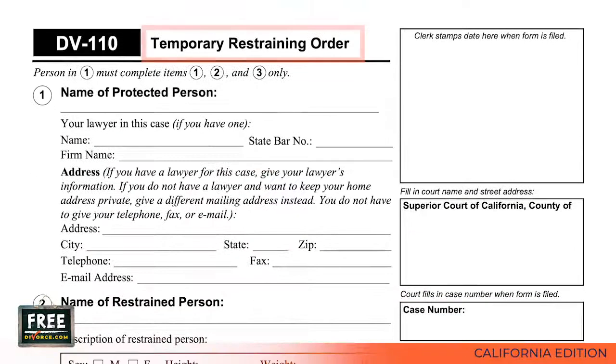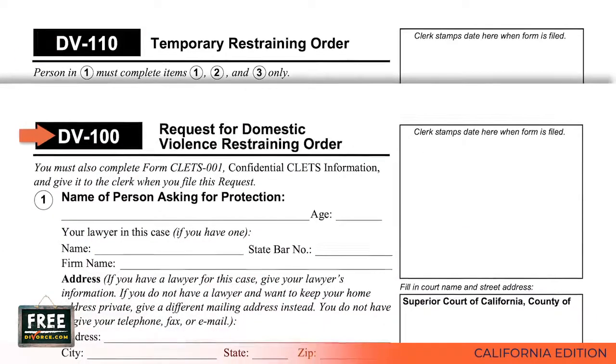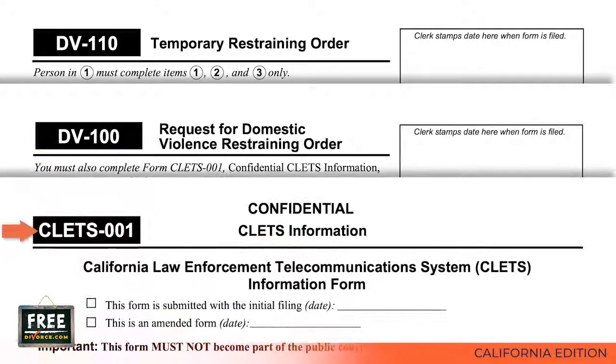The TROs, if granted, need to be set forth on a Judicial Council form. The Judicial Council form is called Temporary Restraining Orders, and it goes by the number DV-110. You should complete the DV-110 and submit it to the court along with your DV-100 and your CLETS-001.